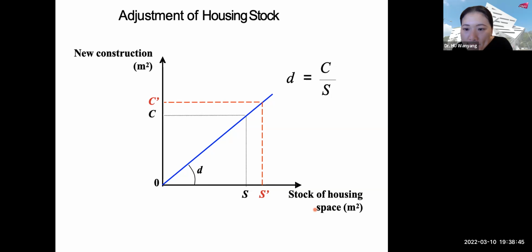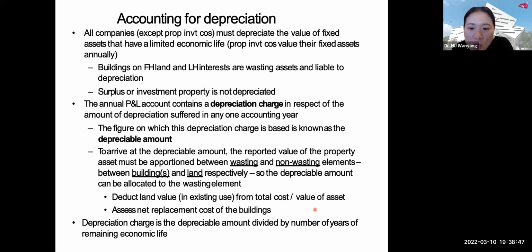For the next several slides, it's more like an accounting discussion of depreciation. In accounting, when we do property evaluation, we have a very complex and strict code for how we do the depreciation.